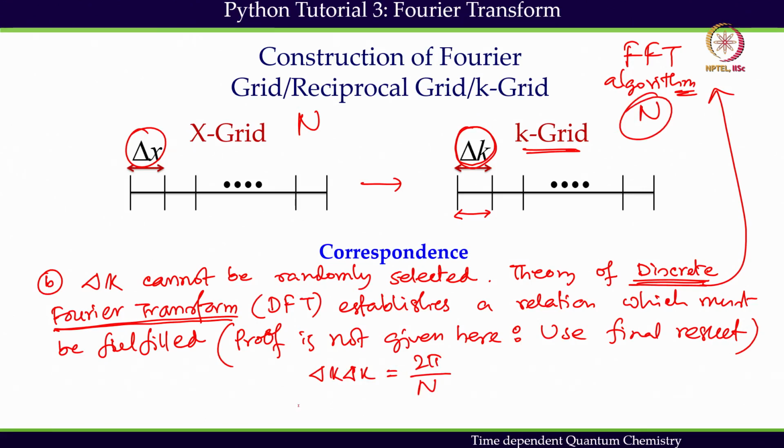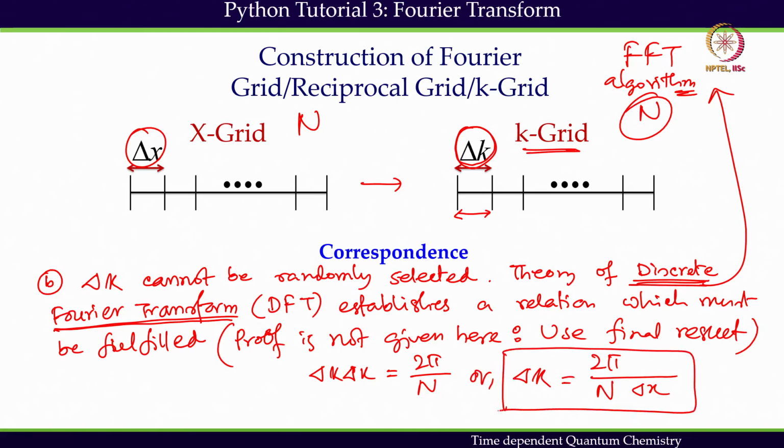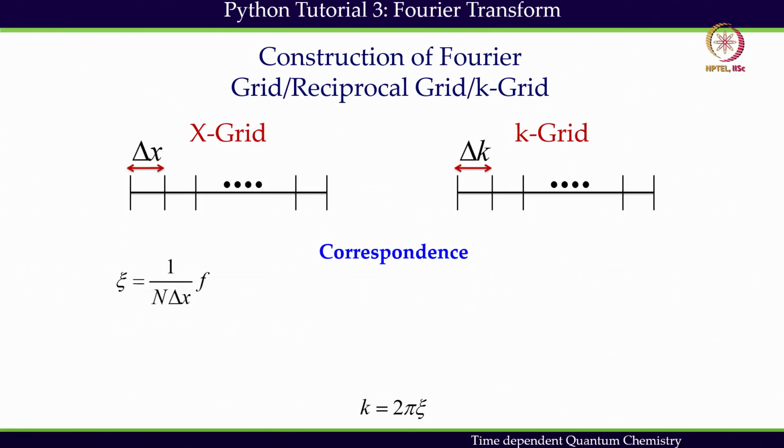In other words, when I am selecting delta k, that has to be 2 pi by n delta x. That is a restriction of the Fourier transform. So, we have to remember these two restrictions while we are transforming the x grid to k grid.